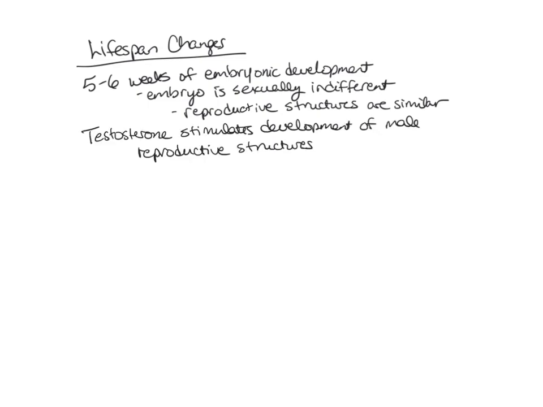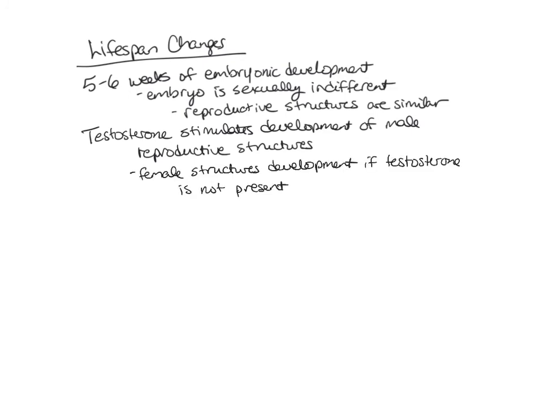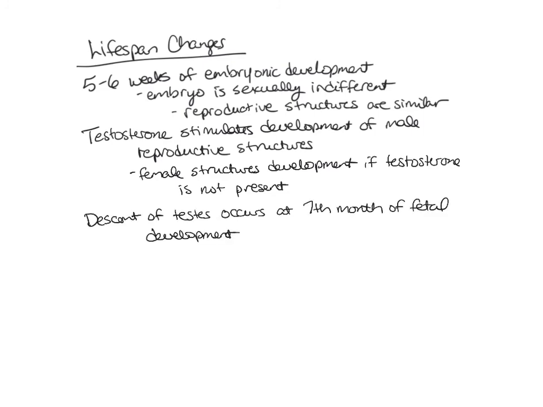Without testosterone, the sexually indifferent embryo will develop female reproductive structures. In the male, the descent of the testes through the inguinal canals begins during the 7th month of fetal development. If the testes don't descend through the inguinal canal to the scrotum, that means that they are still in the abdominal or pelvic cavity, then the male will be infertile.